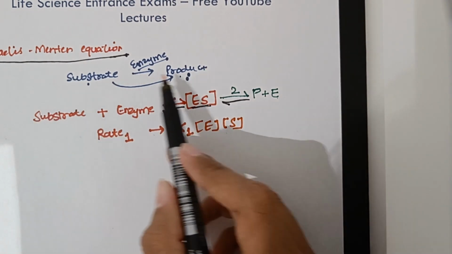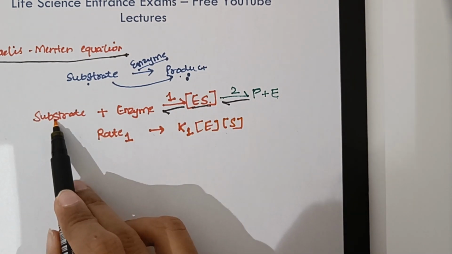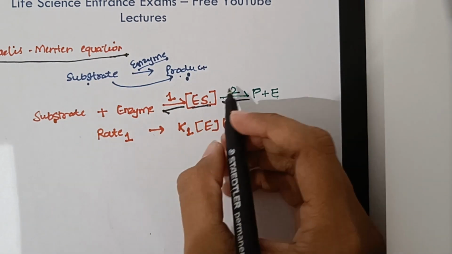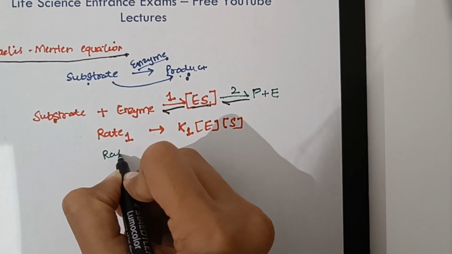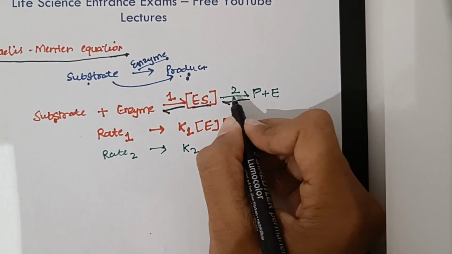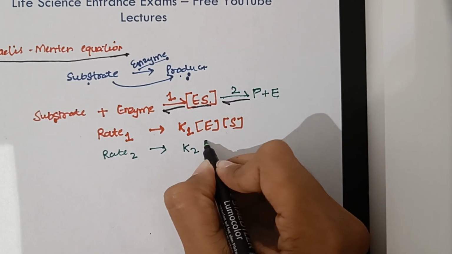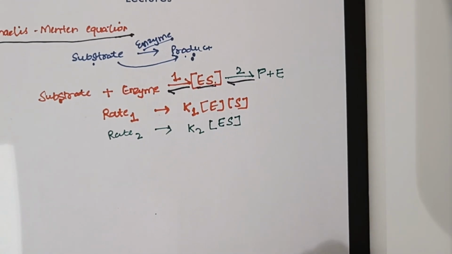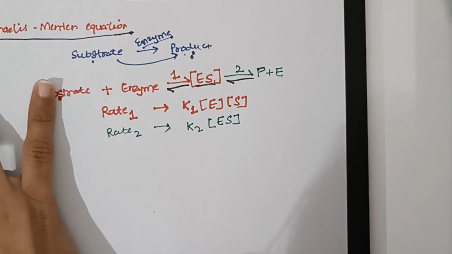Then we have the second reaction, which is rate 2, which depends on K2, the rate constant for this reaction, and also on the concentration of the enzyme substrate complex.